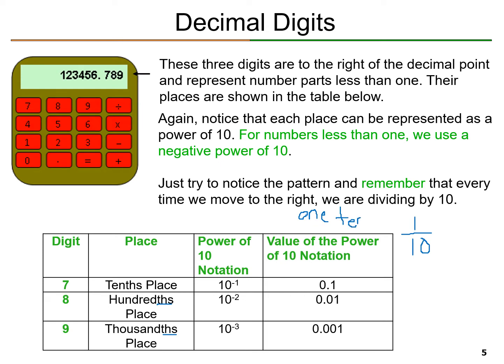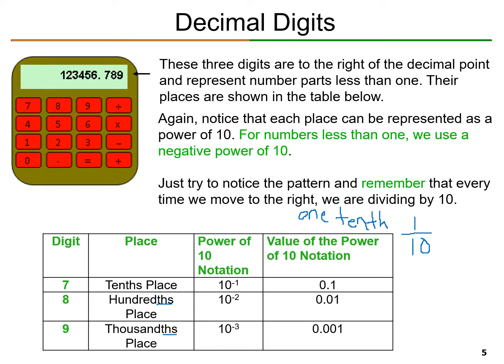So how much is 1/10? Up here, we are saying that all of these digits represent parts that are less than 1. So obviously 1/10 must be smaller than 1. So let me try to make this clear.